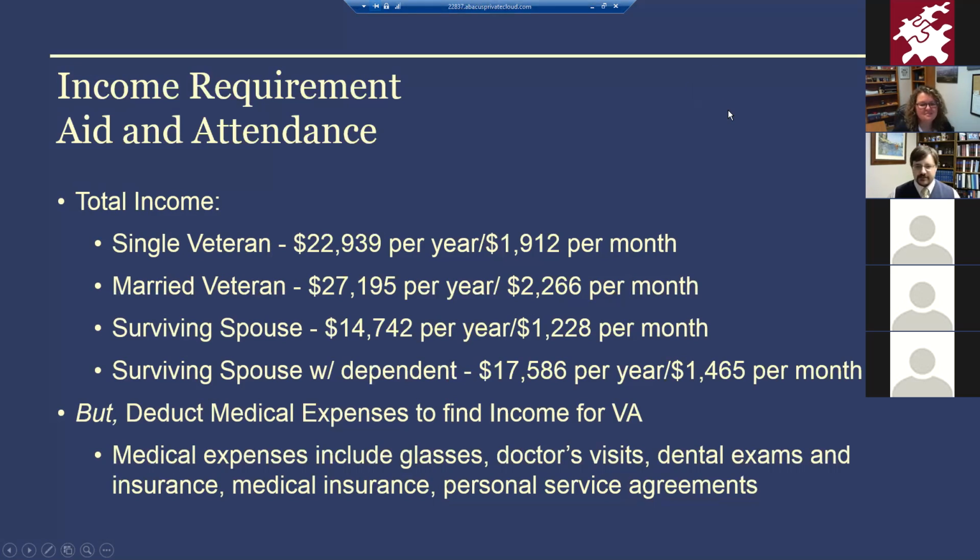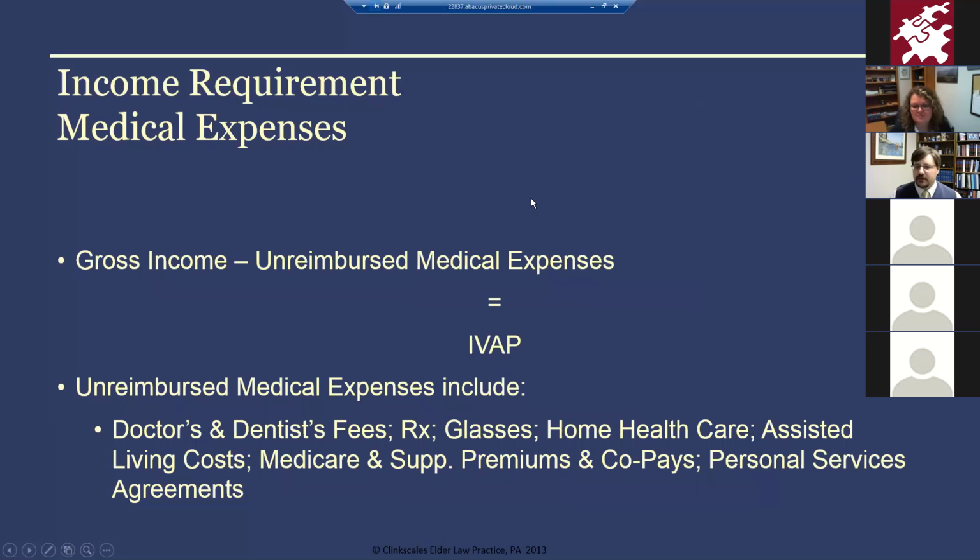But again, we have to deduct those medical expenses to find income for VA purposes. Okay. So again, medical expenses, gross income minus unreimbursed medical expenses, we get our IVAP, and those medical expenses can be quite extensive.